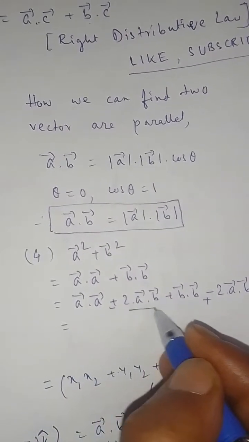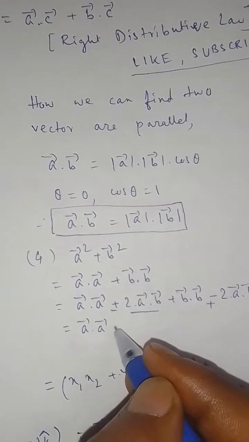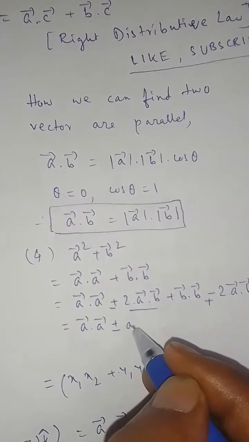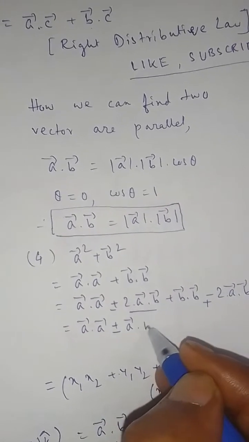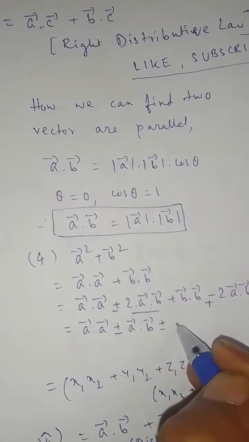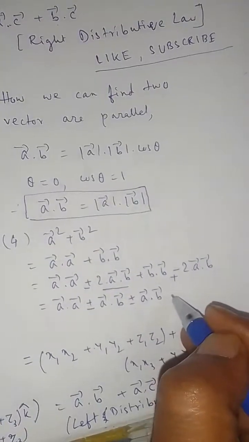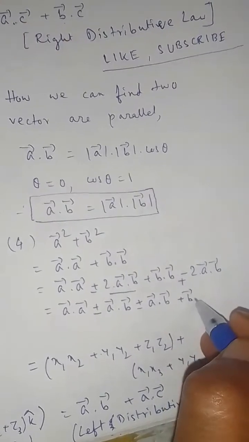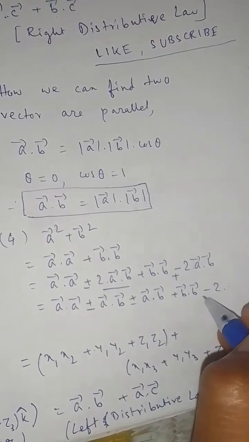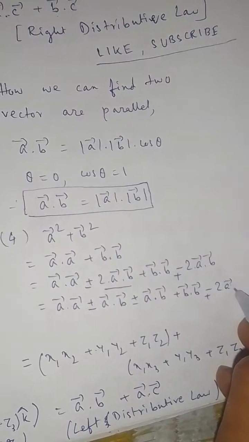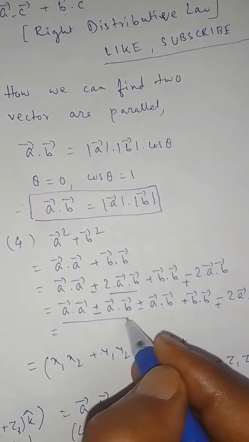So you can break this down in this way: a vector dot a vector plus minus a vector dot b vector plus minus a vector dot b vector plus b vector dot b vector minus plus 2 into a vector dot b vector. We take common or use the left distributive law.